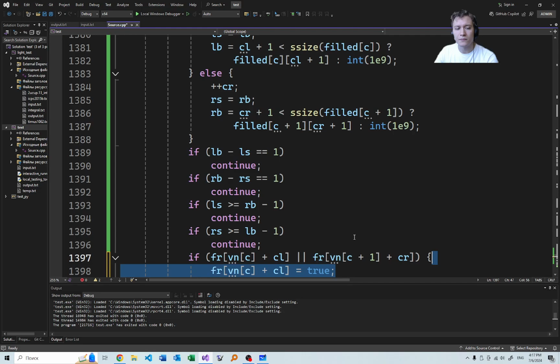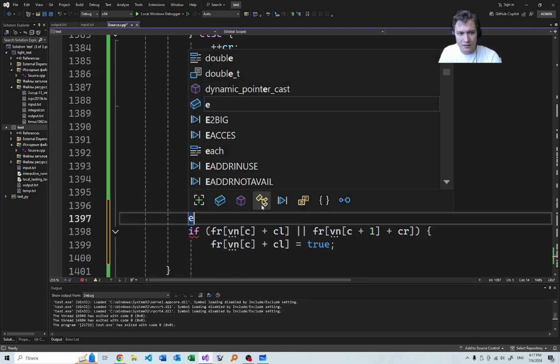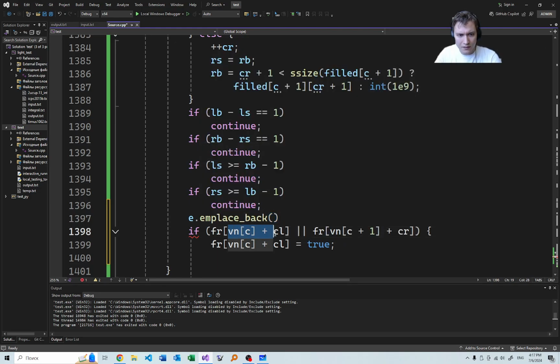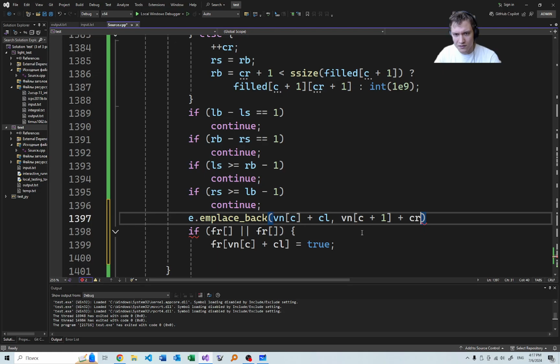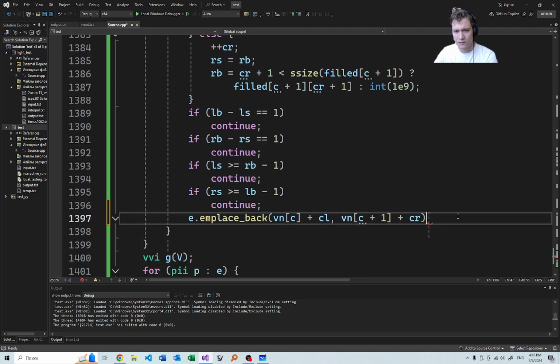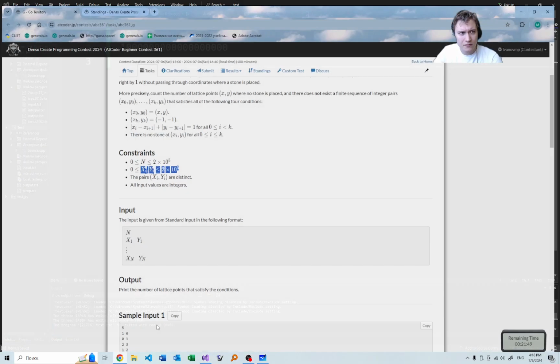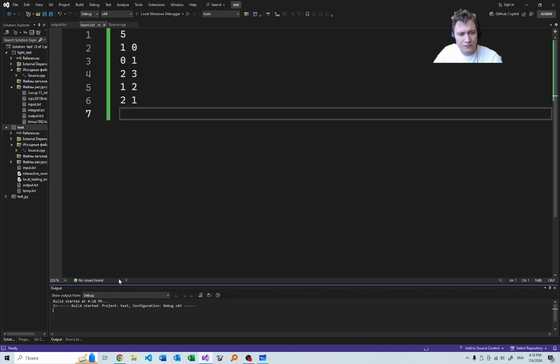No, instead of that, I just add an edge. So how do I add an edge? I say E dot emplace back this and this. Good. Probably that's it. Now we only need to guarantee that it works somehow.